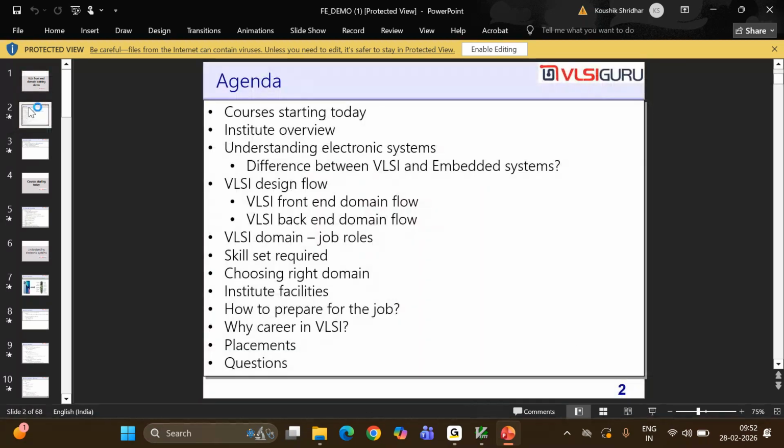The agenda for today's topic: we'll go through the courses that are going to start from today, and I'll give you an institute overview and the facilities provided by the institute.